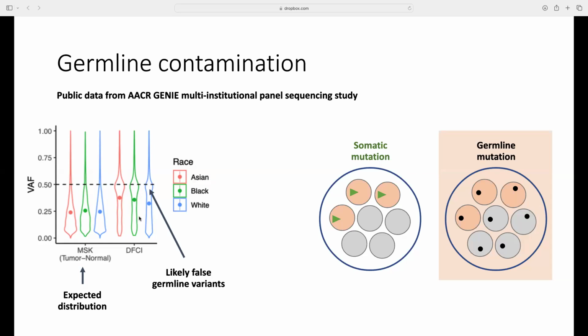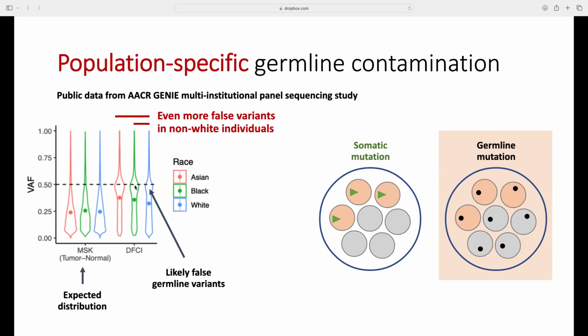And so what we're seeing here is basically a mix of this ground truth distribution and then a bunch of germline false positives that are showing up. And again, this is fully called and processed data that we just downloaded from the AACR Genie website. This was intended to be high quality somatic variation from a variety of cohorts, but obviously includes this sort of confounding.